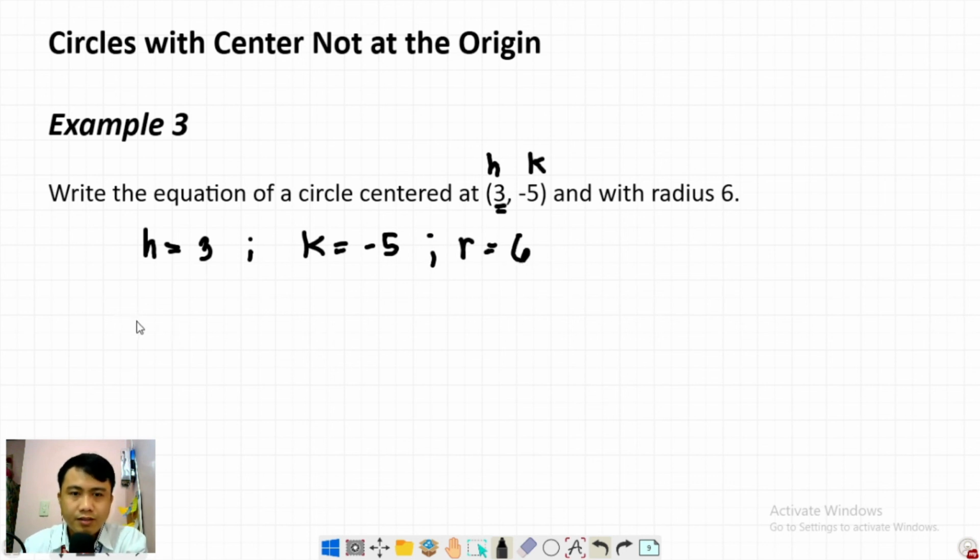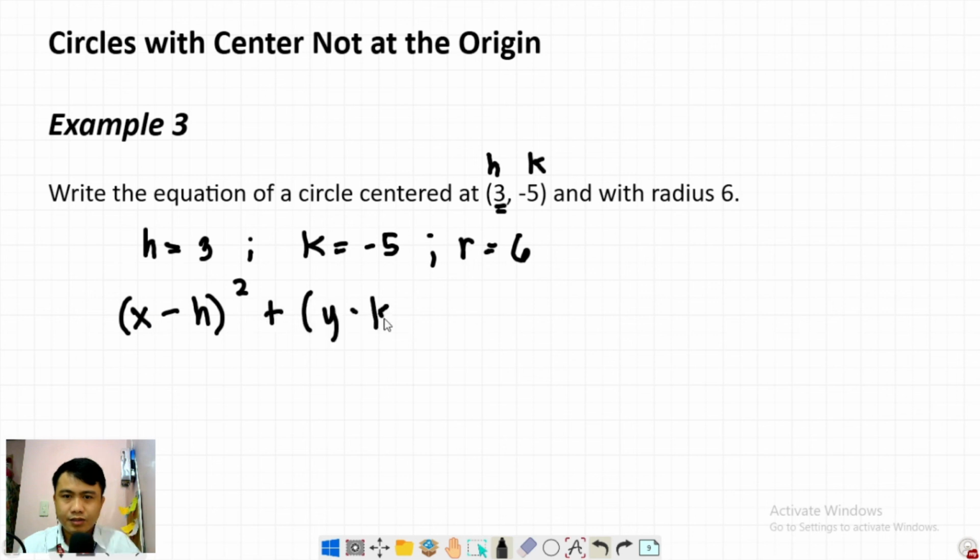So, using the equation, the standard form, x minus h squared plus y minus k squared is equal to r squared. Yung x po natin and y po natin, as is po yan, dalawang yan ha. Baka palitan nyo yan. X and y pa rin ang nakikita dyan.